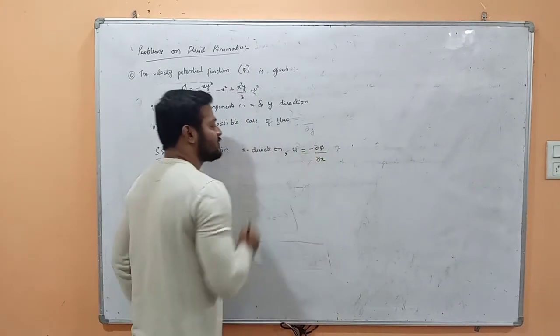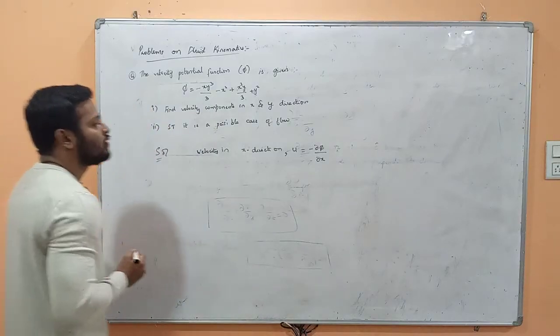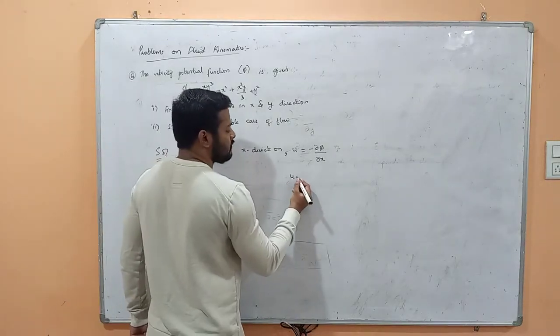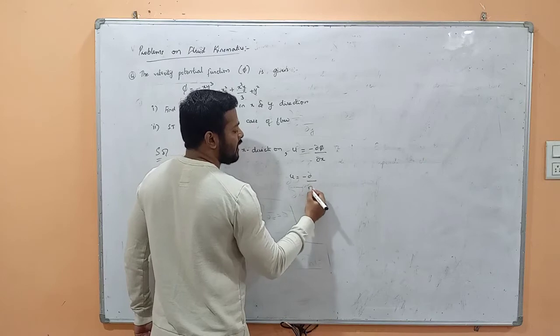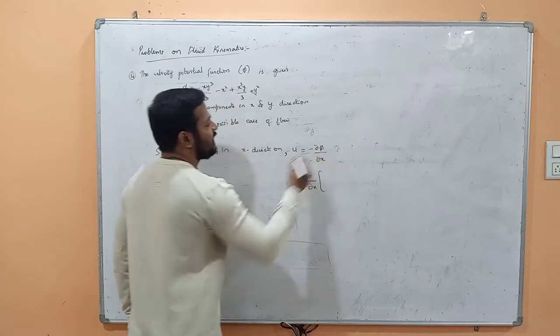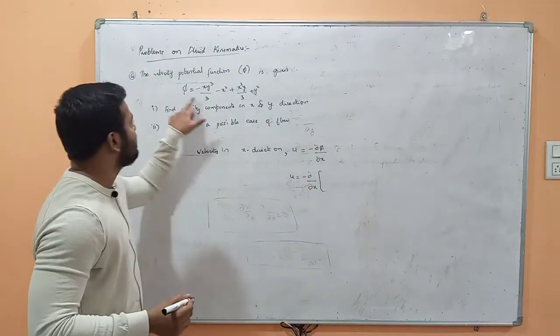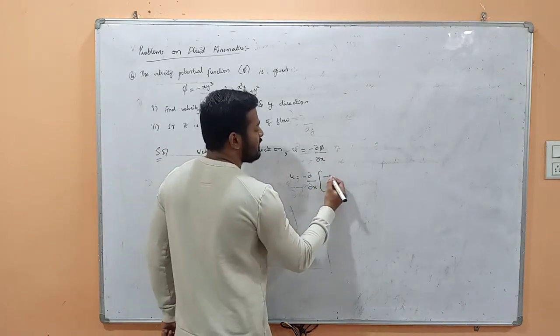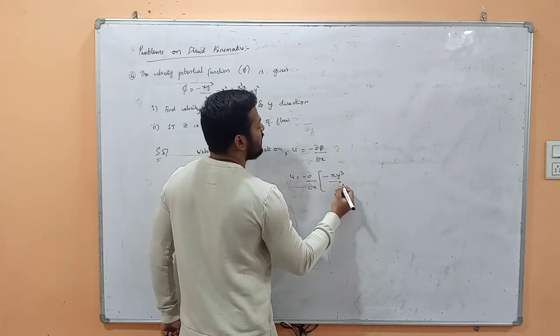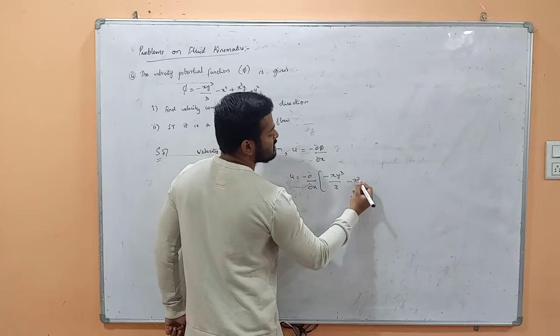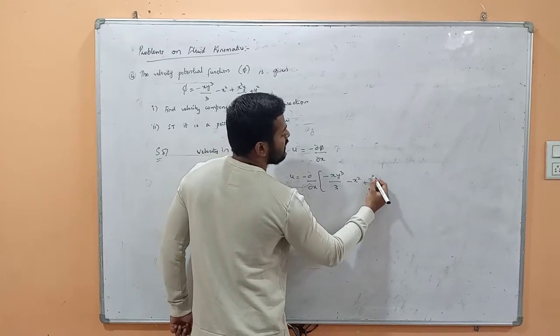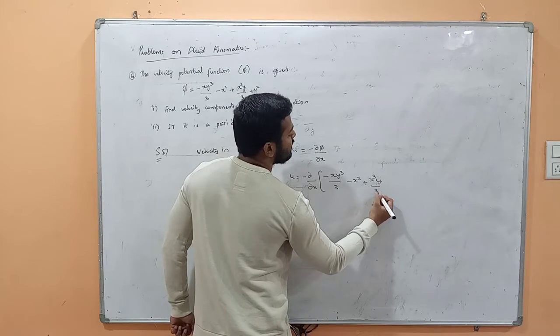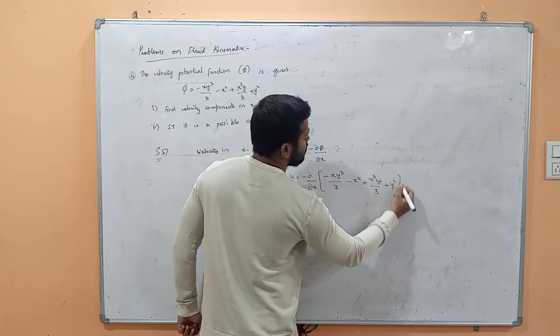So u is equal to minus dou by dou x of phi. This phi is given in the question: minus x y cube by 3 minus x square plus x cube y by 3 plus y square.